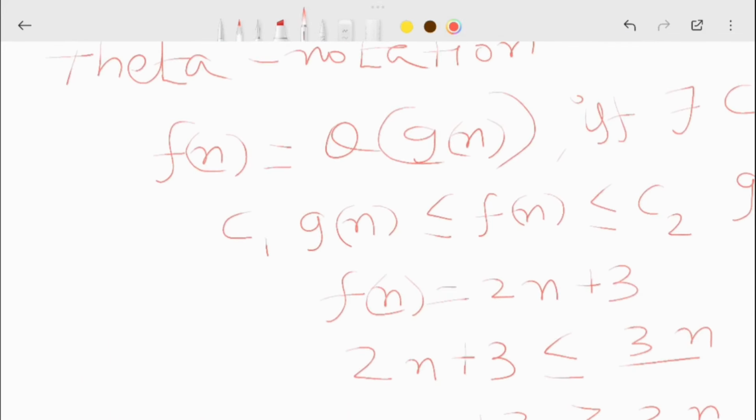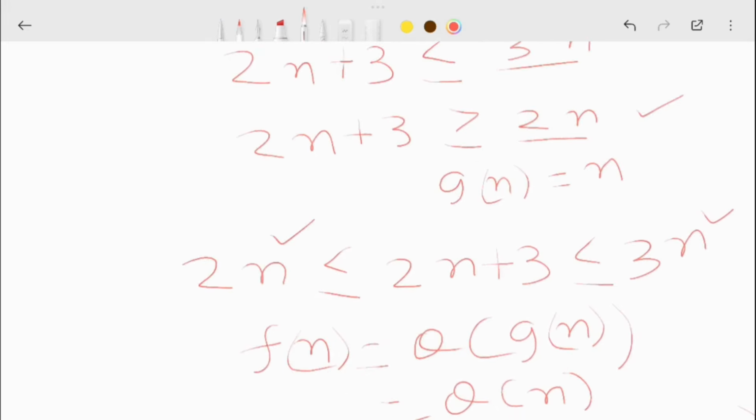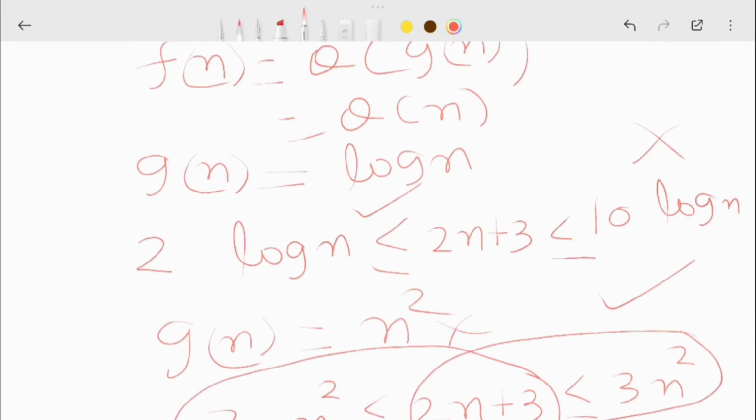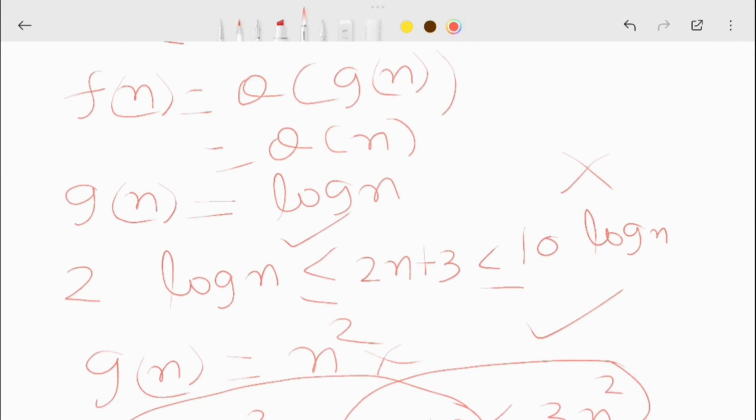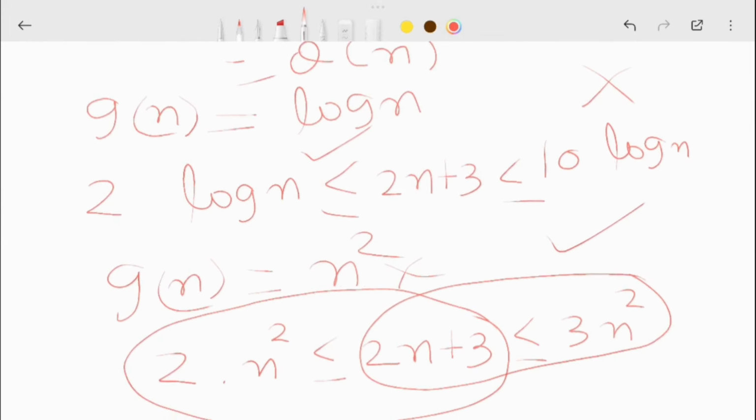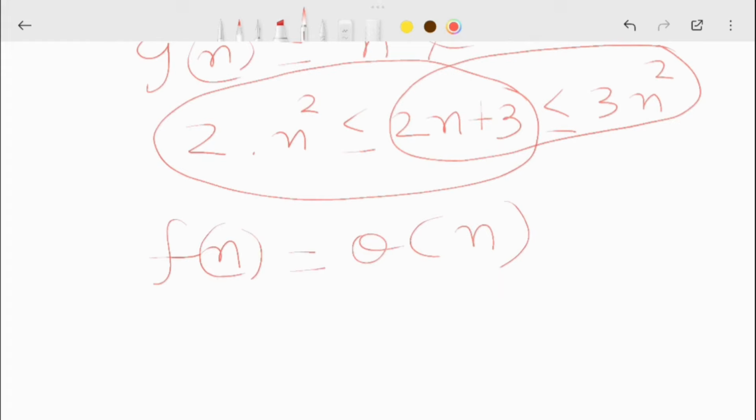In case of theta notation, the exact bound, this function can be represented only as theta of n. It cannot be represented as theta of log n or theta of n square. So it is called exact bound.